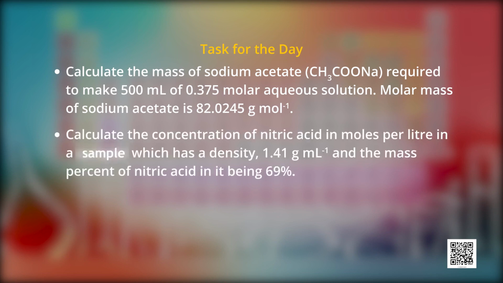Second numerical is calculate the concentration of nitric acid in moles per liter in a sample which has a density 1.41 gram per milliliter and the mass percent of nitric acid in it being 69%. Do the back exercise questions related to the topic and try to solve more numericals for better understanding of the concept.